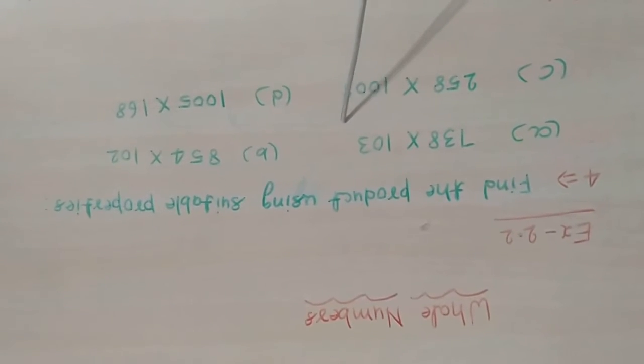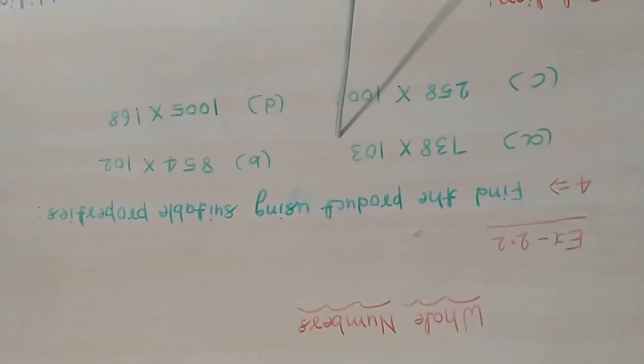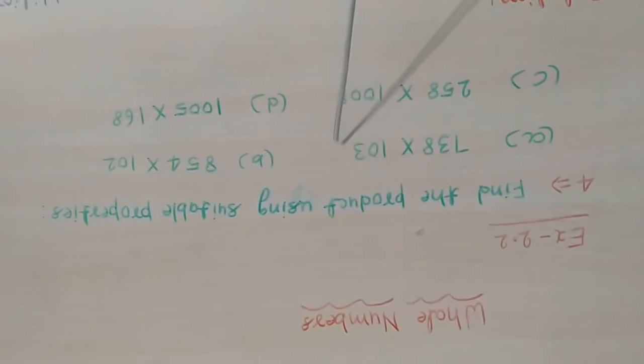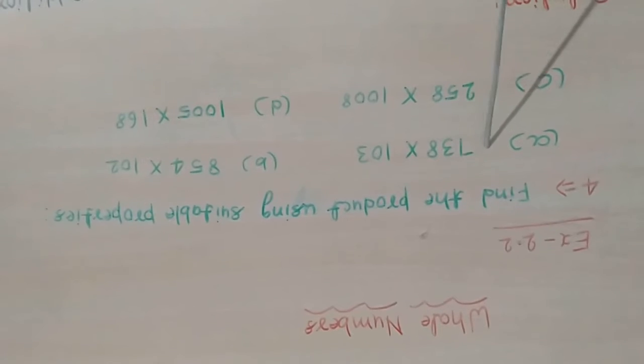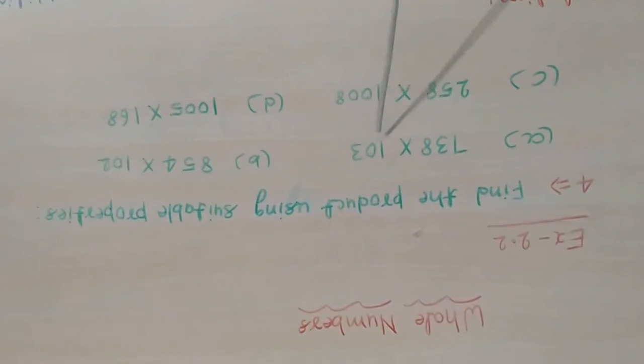You can see each part. If you use properties like commutative, you can multiply in a very simple way.